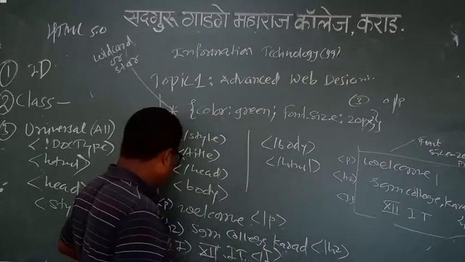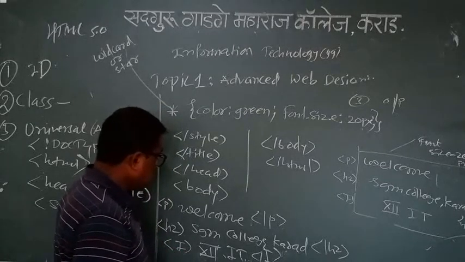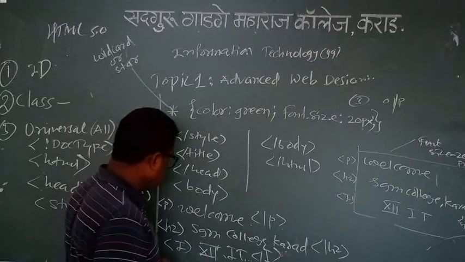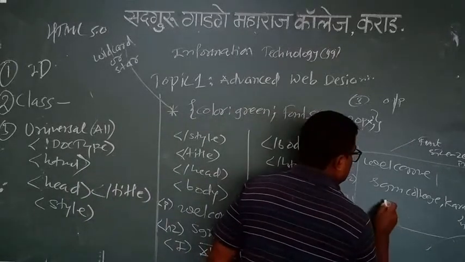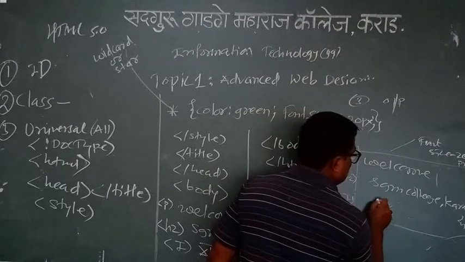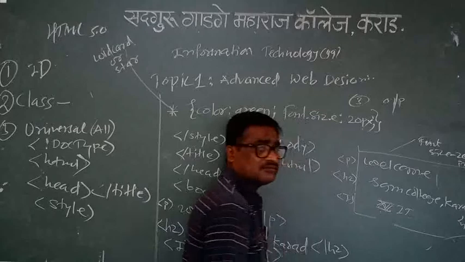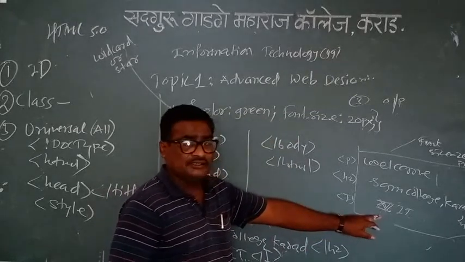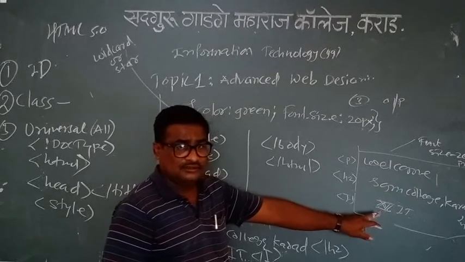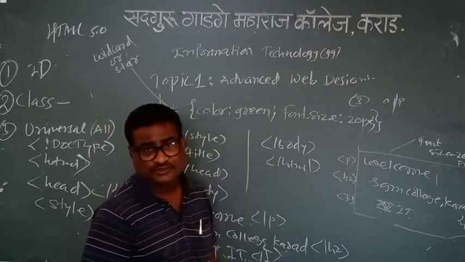The third statement is the 12th IT, which is in italic, that is, this text is in italic style. Okay, but this text color is green and font size is 20 pixel.